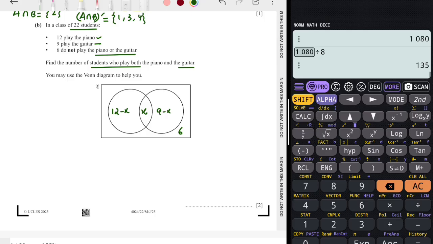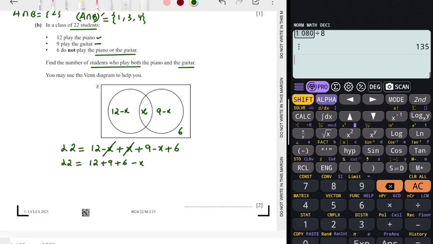Now we can easily find the value of X, as there are 22 students, so 22 is equal to 12 minus X plus 9 minus X plus 6. Minus X plus X would be eliminated, and 22 is equal to, now we are going to add the numbers.